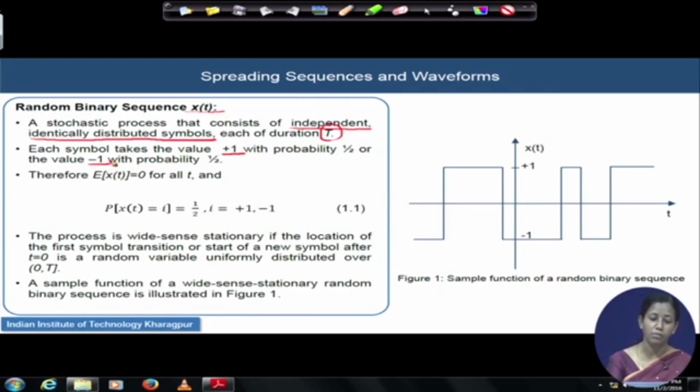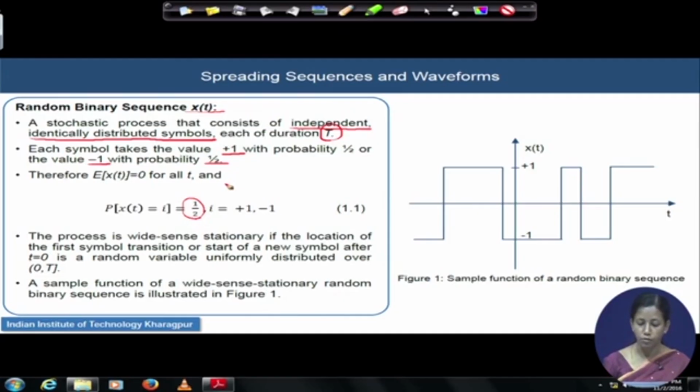The probability that the symbol value will be +1 or -1 is equal, so it can be equated to half. We can write the expression as the probability that x(t) equals +1 or equals -1 is equal to half, as explained.